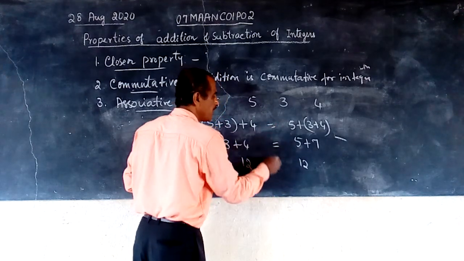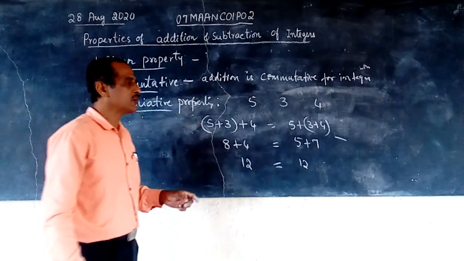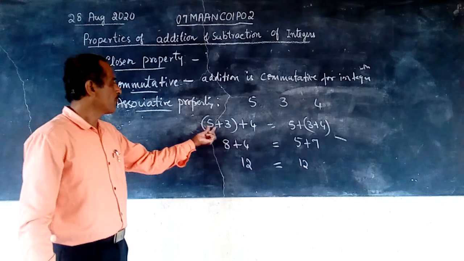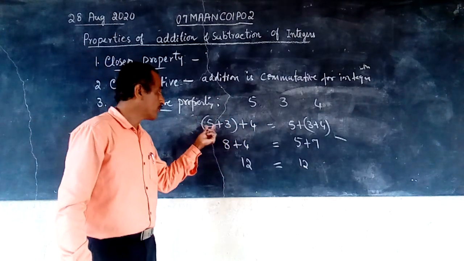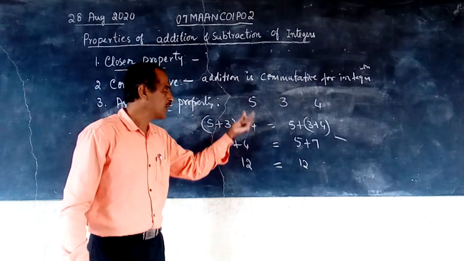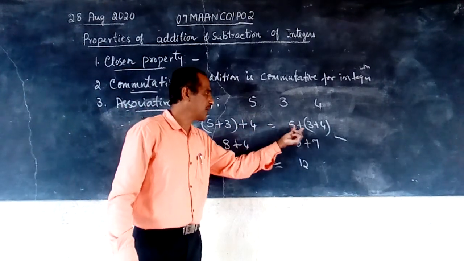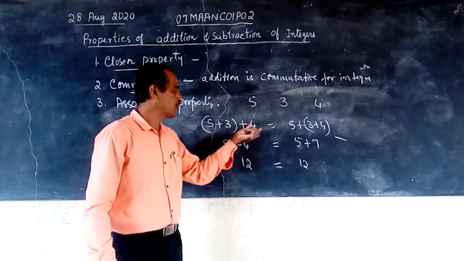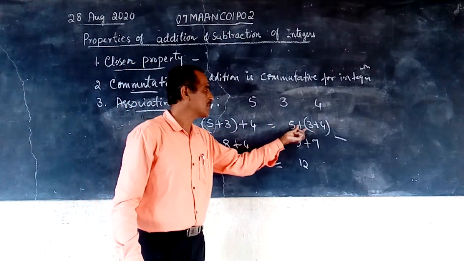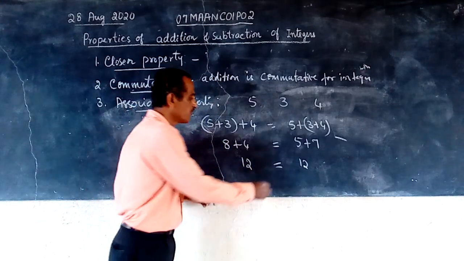Therefore, what we can say? Equal. 12 is equal to 12. Therefore, we can say (5 plus 3) plus 4 is equal to 5 plus (3 plus 4). The answers are the same, isn't it?